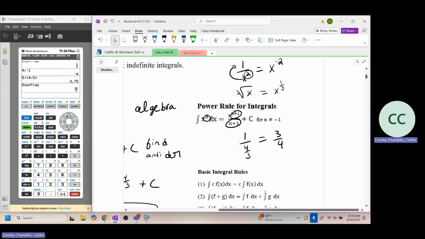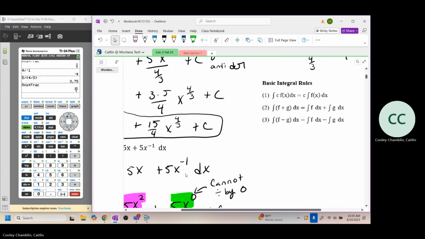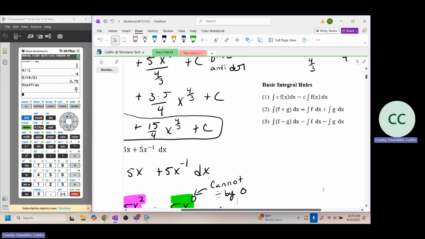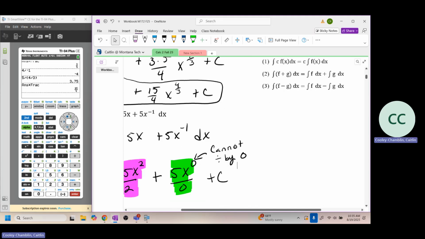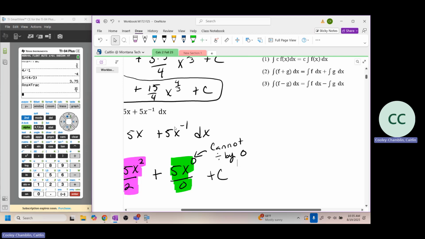So this works for n not -1. Our n is -1, so our rule doesn't work. So we have to think of something. What derivative gives me x to the -1? It's obviously not x to the 0, because that doesn't work. So let's go over here. Let's check.